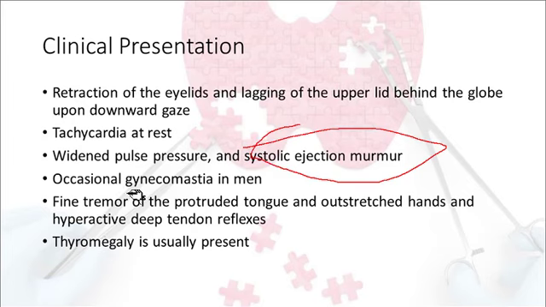Occasionally, depending on the cause, you may get gynecomastia in men. Fine tremors of the protruded tongue and outstretched hands, and of course, hyperactive deep tendon reflexes could also indicate a hyperthyroid-like state. And of course, thyromegaly is usually present.